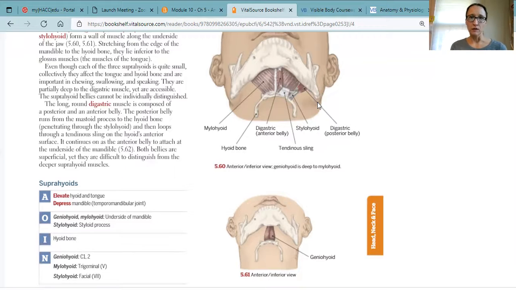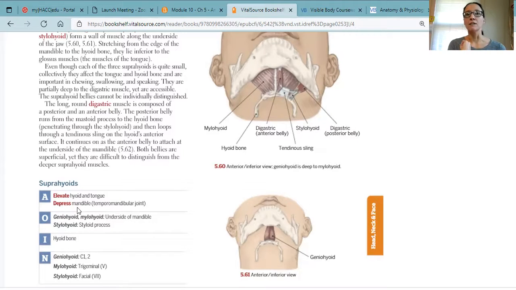The suprahyoids, which is what we're going to start with, help you chew, swallow, and speak. If you want to highlight that in your book, that's what they do. So they can affect the tongue. They depress the mandible, so they help you open your jaw, right?